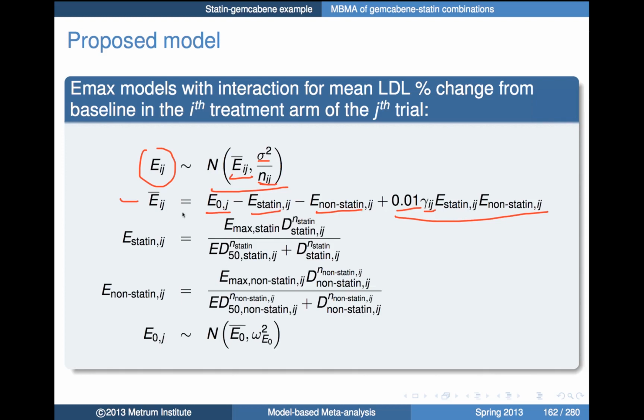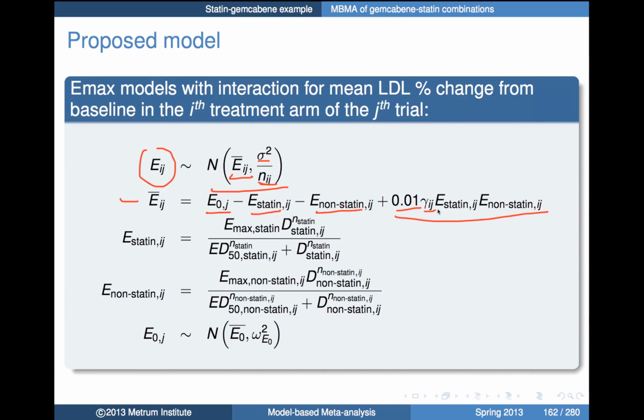If you did it in fractional decrease instead of percent decrease, you would expect 1 minus E statin times 1 minus E non-statin. And if you multiply that through, you actually get something that looks sort of like this, but where this gamma would just be 1.